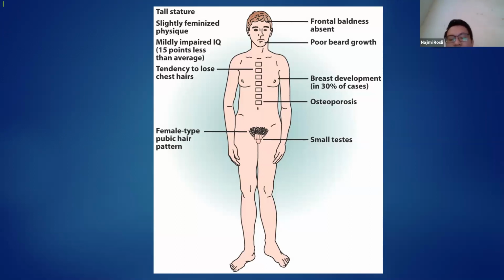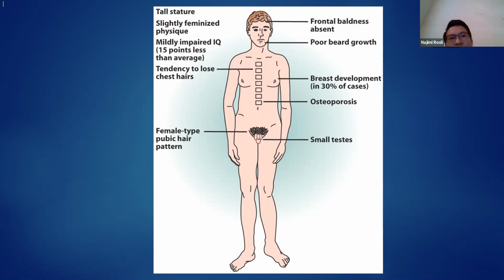It then results in failure to develop later secondary sexual characteristics such as facial hair, deepening of the voice, and also libido. Most men with Klinefelter syndrome are infertile because they produce few viable sperm in adulthood.